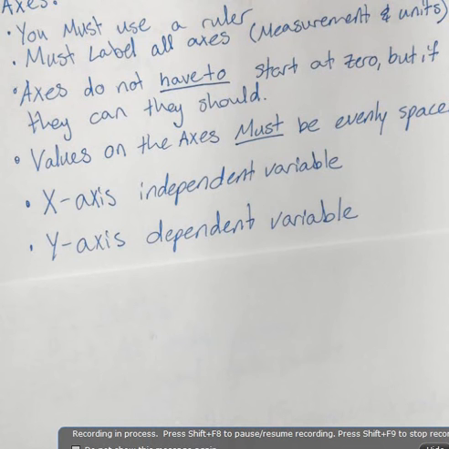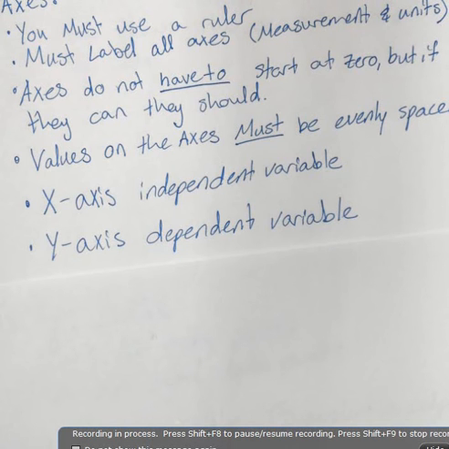However, something like distance will only change over time. If you are moving, some seconds have to pass in order for you to make it to the 2-meter mark, the 3-meter mark, the 4-meter mark. So that means that anytime you're dealing with time, time is always your independent variable. And whatever is happening because time is passing, or while time is passing, would be your dependent variable.